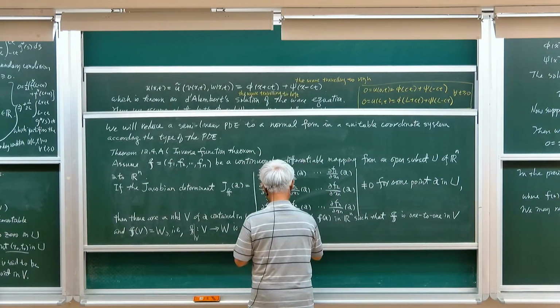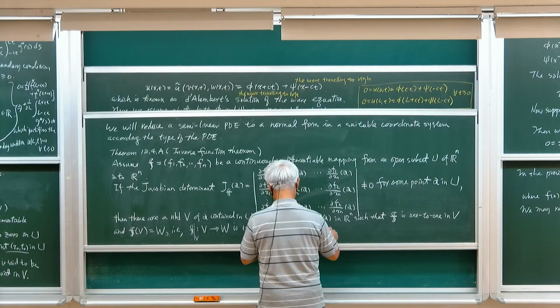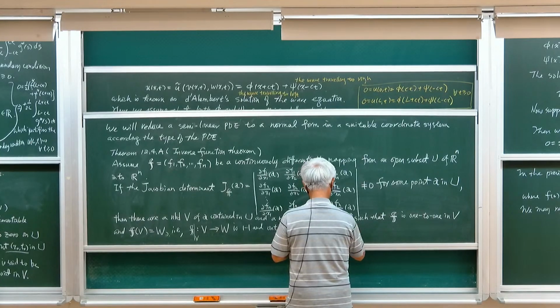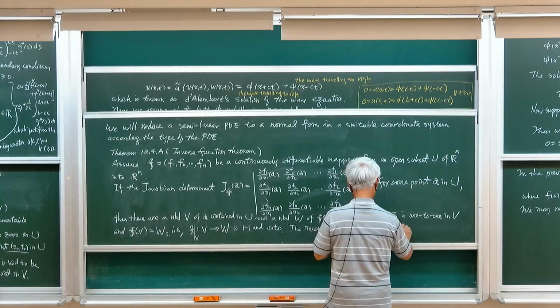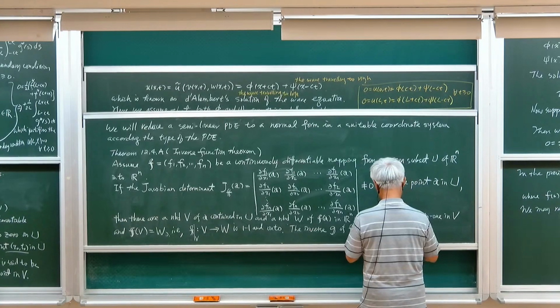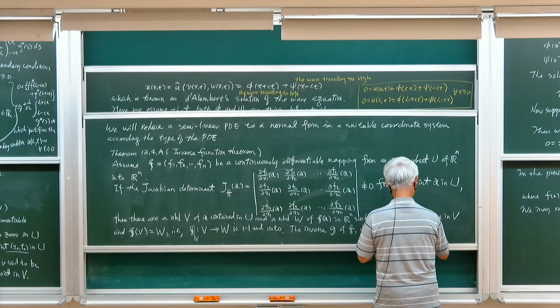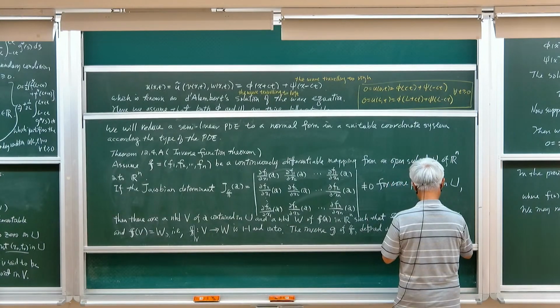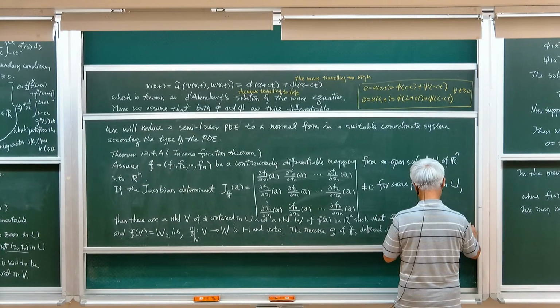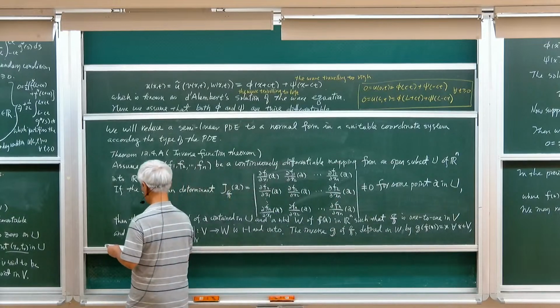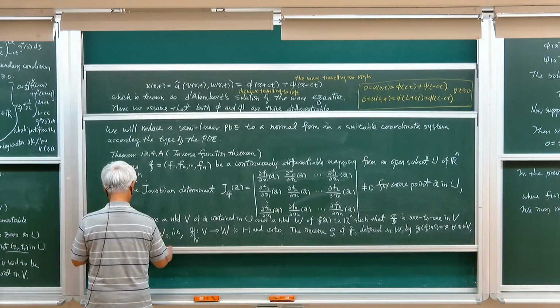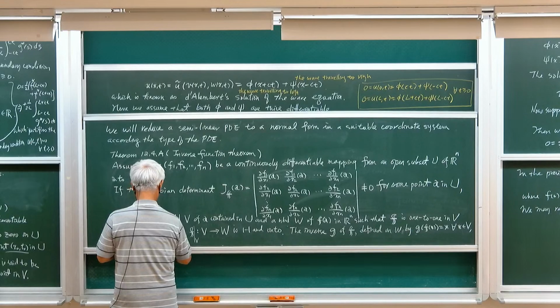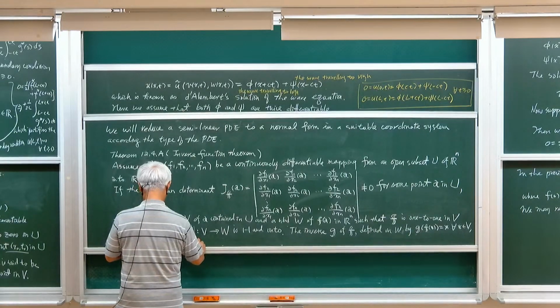Now the inverse g of f, defined on W by g of f of x equal to x for all x in V. Now the inverse function is also continuously differentiable on W.